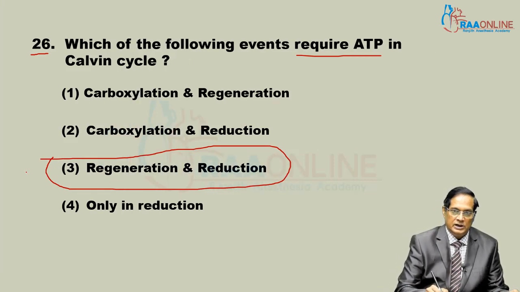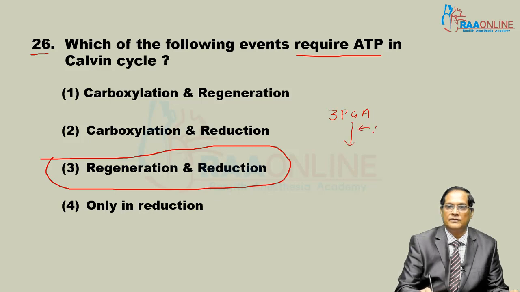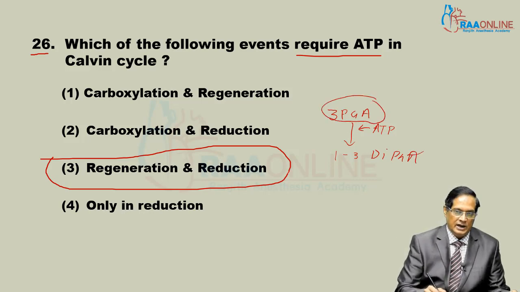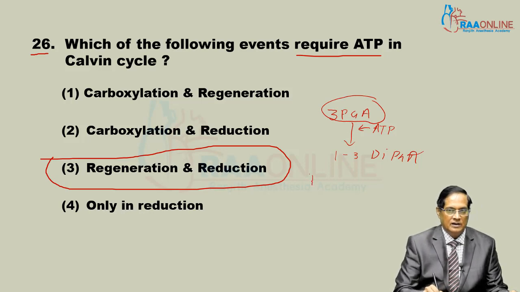ATP. During reduction, 3-PGA, 3-phosphoglyceric acid, uses ATP of light phase and gets converted into 1,3-diPGA. This is the first compound which uses the ATP of light phase. During regeneration, ribulose 5-phosphate is formed.